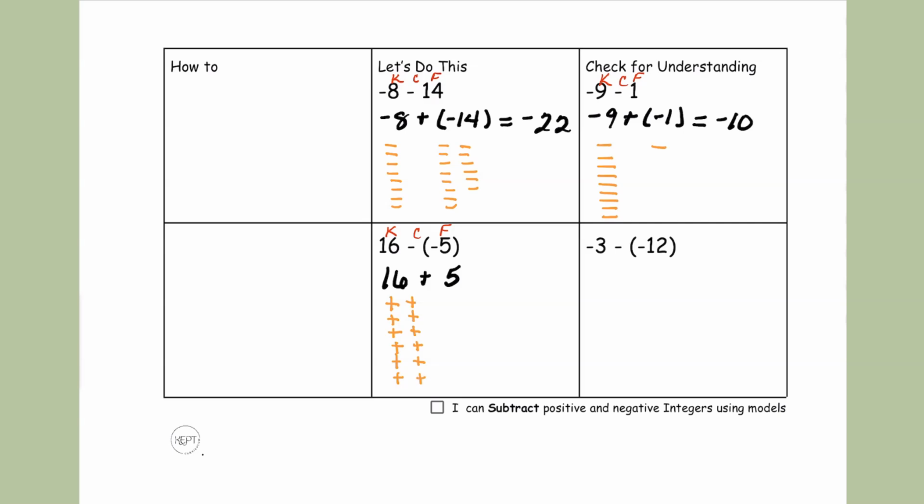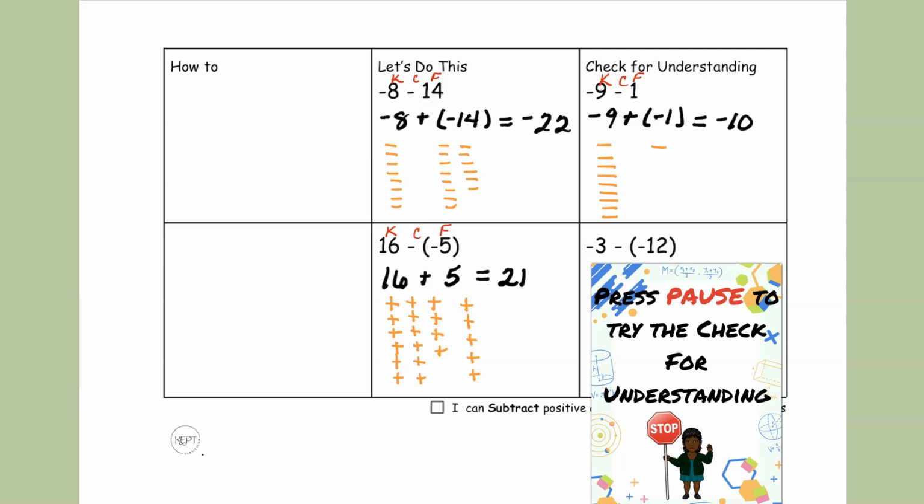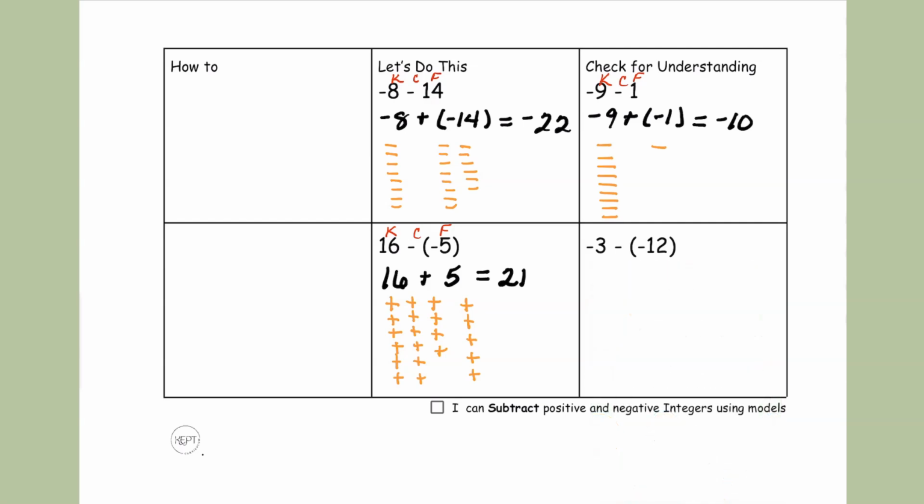If you're working with pieces that you have at home, just pull out the ones that are designated as your positives and put those over to the side. Make sure you have 16 of those. And then I want you to add 5 more positives to those. So what does that give you? A total of 21 positives. Go ahead and hit pause and try to check for understanding.